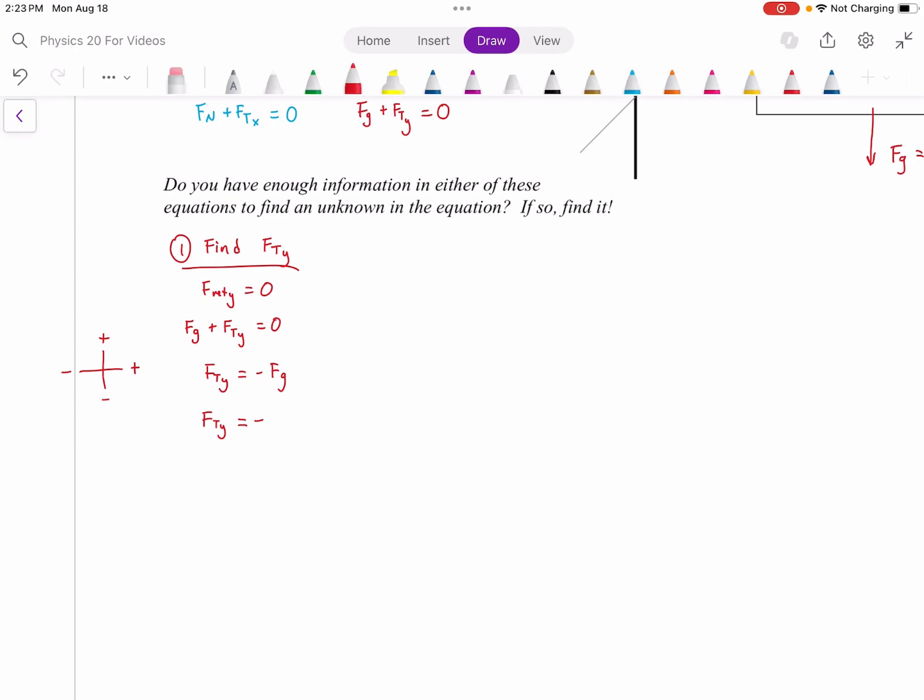Now, the force of gravity is just mass times acceleration due to gravity, right? So we're ready to go here. The force of tension in the y-axis is just going to be negative. The sign had a mass of 250 kilograms, they told us, and acceleration due to gravity is 9.81 meters per second squared, but down. So I'll put in a negative 9.81 meters per second squared.